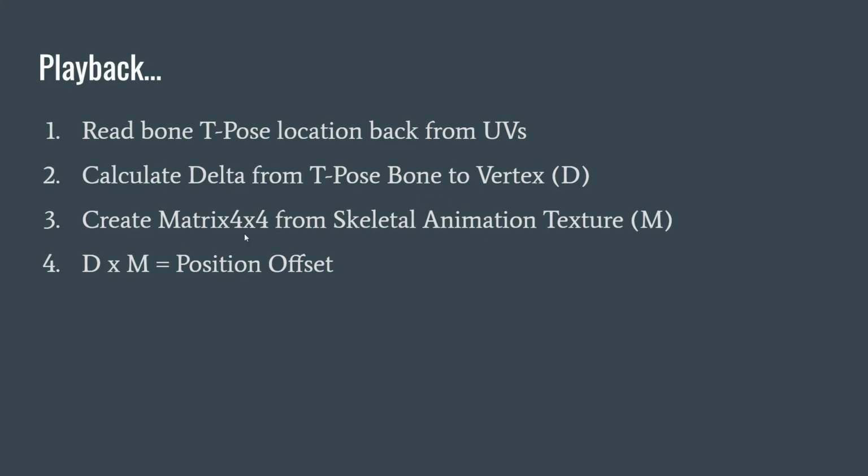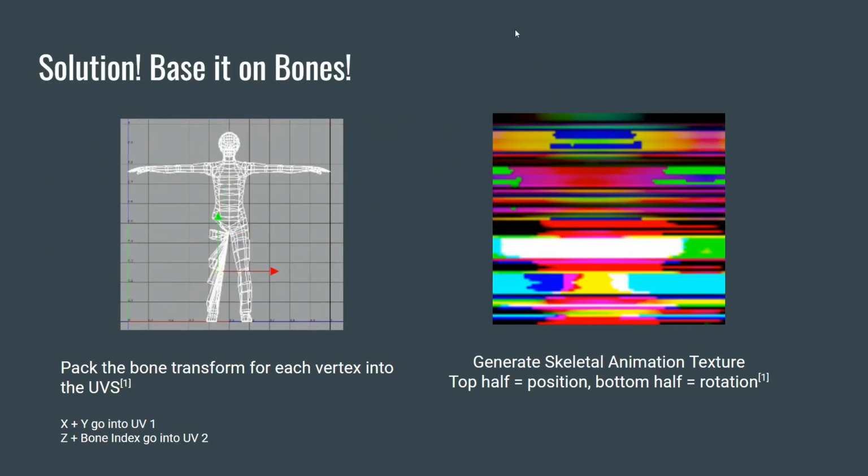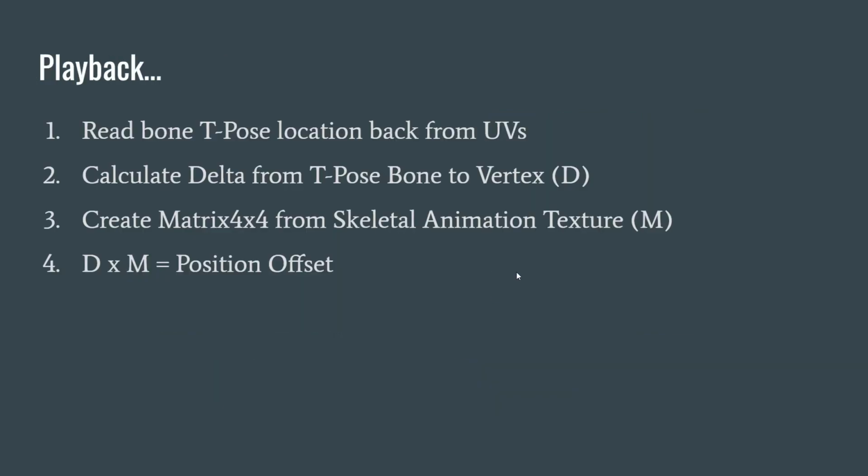We can then create a matrix 4x4 from our skeletal animation texture. We can unpack the position from this texture, we can unpack the rotation from this texture, and we unpack that using the bone index from UV channel 2. That will give us a matrix which represents the offset or the delta of the bone for this frame of animation.